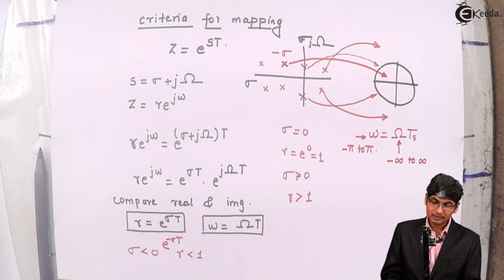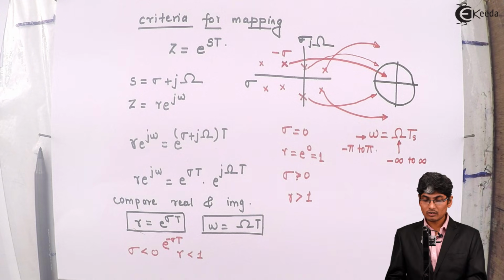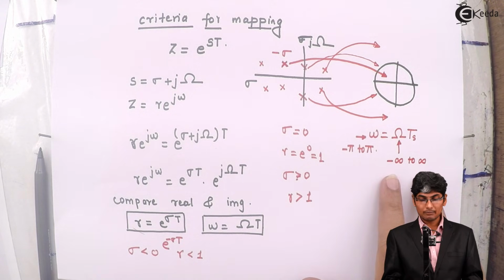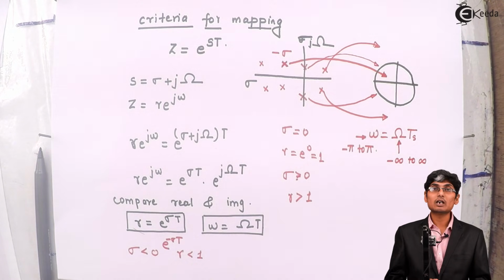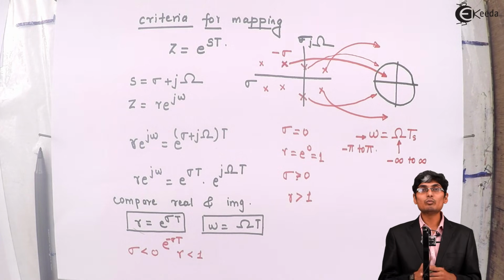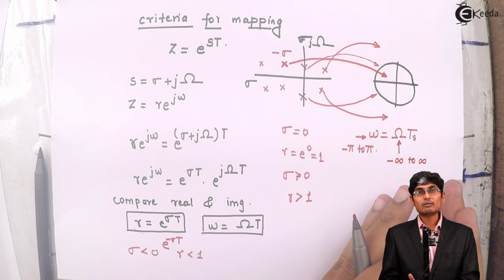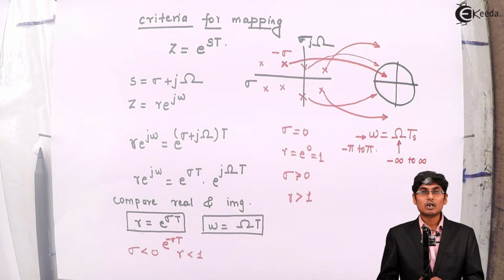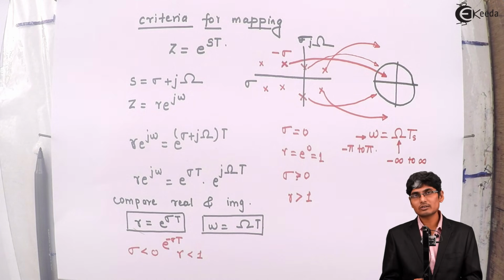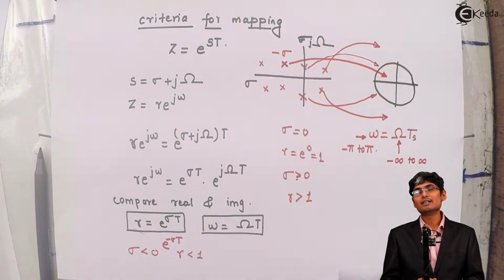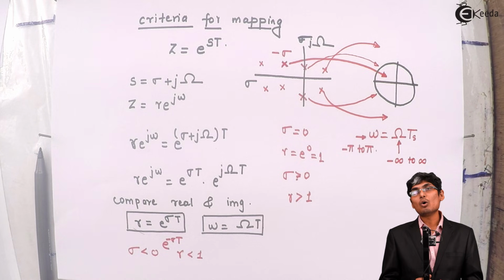So too many frequencies in the Omega domain will get mapped into the small range of minus pi to pi. It is impossible for us to map each frequency component of the analog circuit onto the discrete circuit, so there will be overlapping of frequencies.